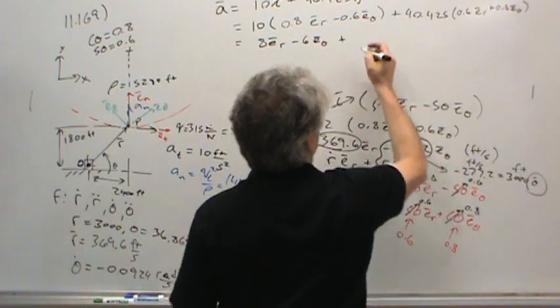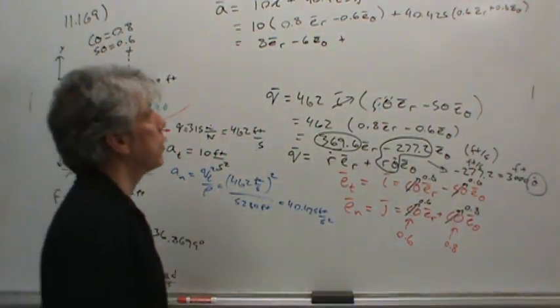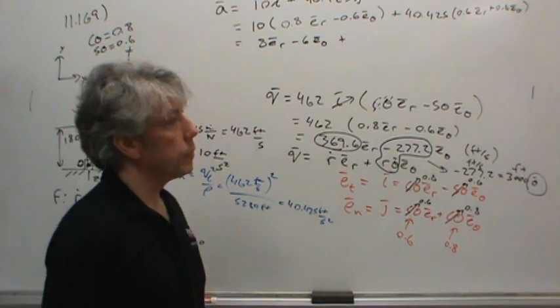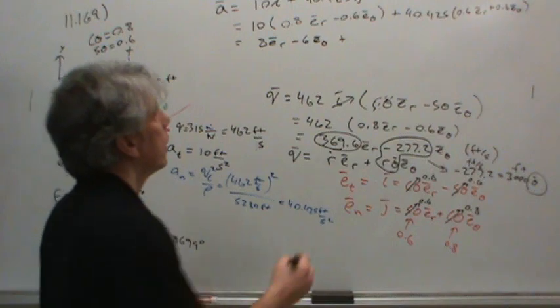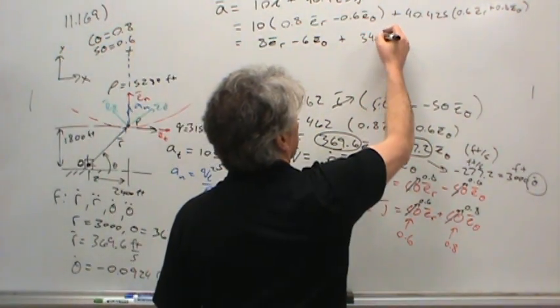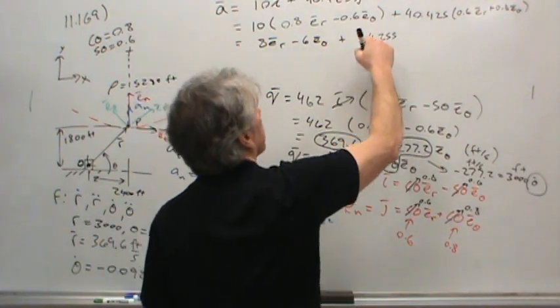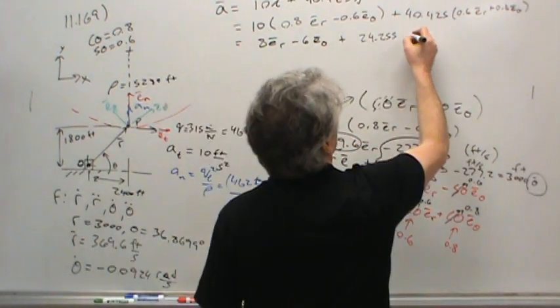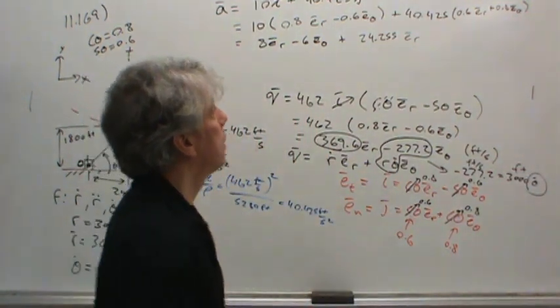Give me a little bit of help with this if you don't mind. 40.425 times 60% is how much? 24.255. Thank you. ER. How about 80% of E theta? 32.34.